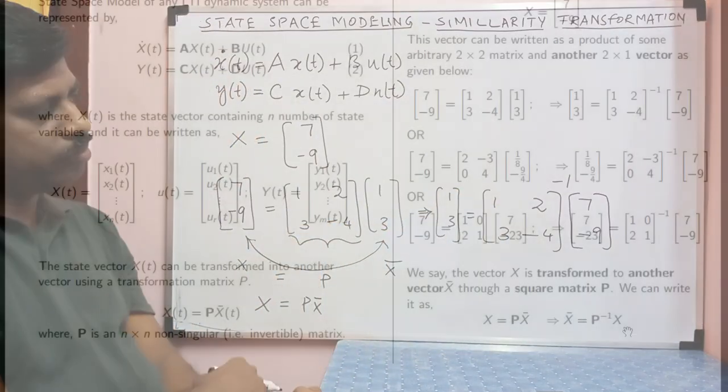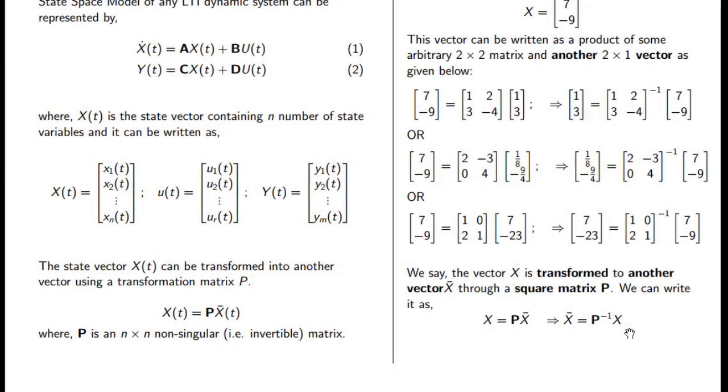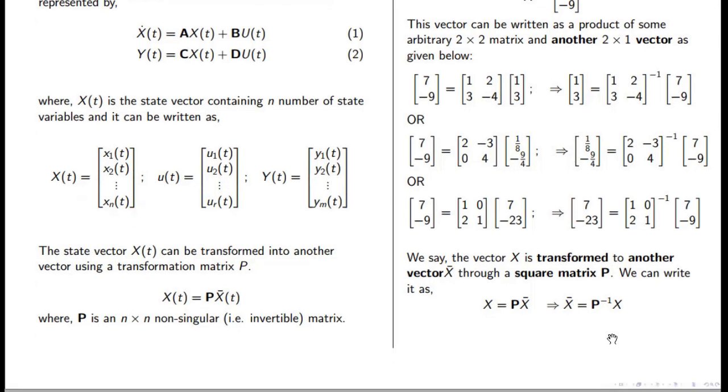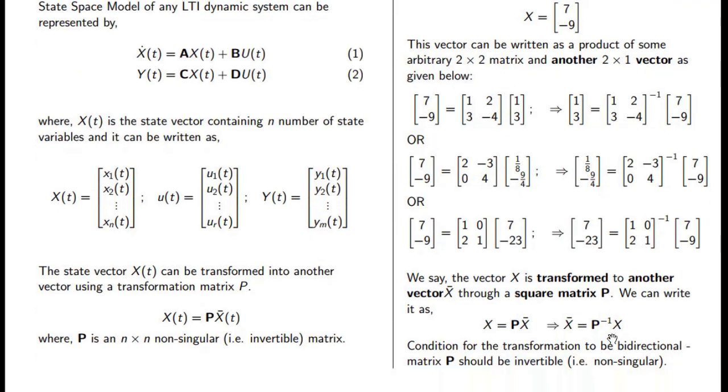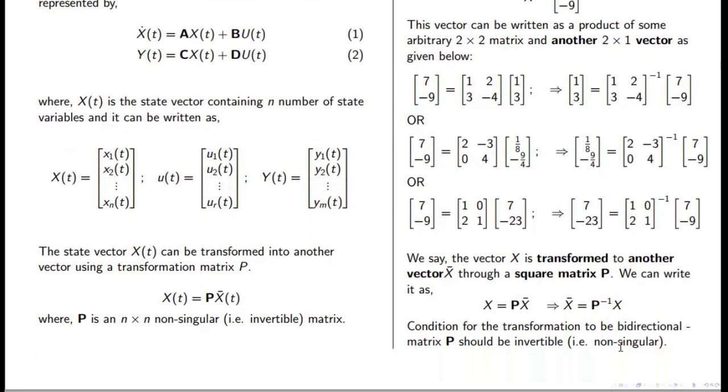If inverse for this matrix doesn't exist, I cannot find out the inverse of this matrix, then this bidirectional transformation is not possible. So what is the condition for an inverse of a matrix to exist? The determinant value should not be 0. The determinant value should not be 0, and that means that matrix should be a non-singular matrix.